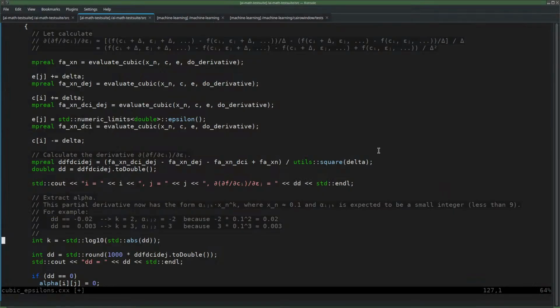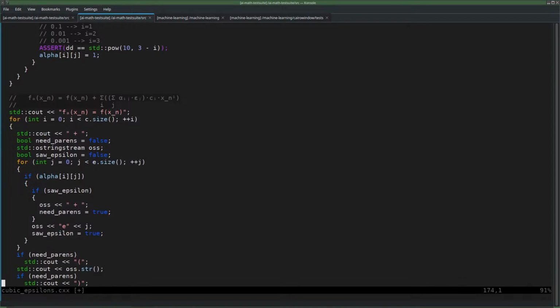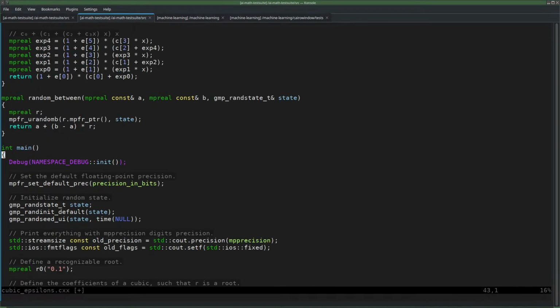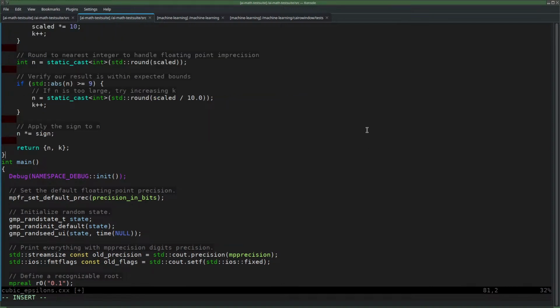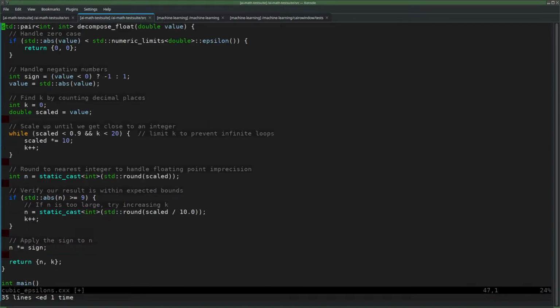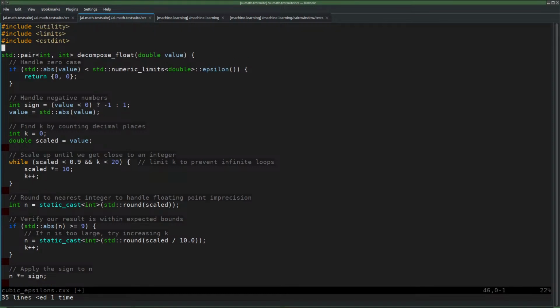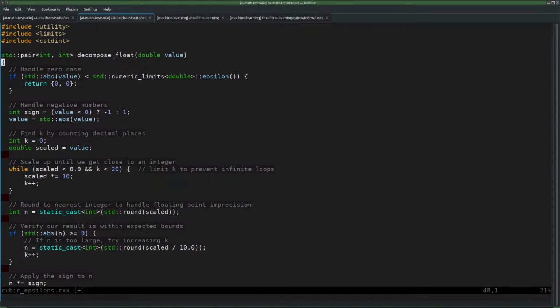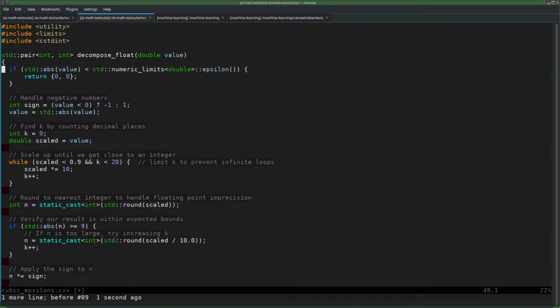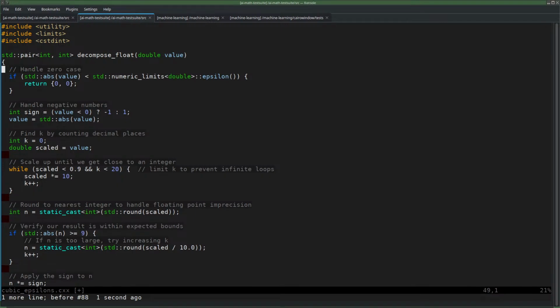Decompose float. Whatever floats your boat, in terms of naming, I mean. Okay. We don't have zero cases. Wait a minute. This value is less. Well, that's not going to happen, but it could be zero-ish.